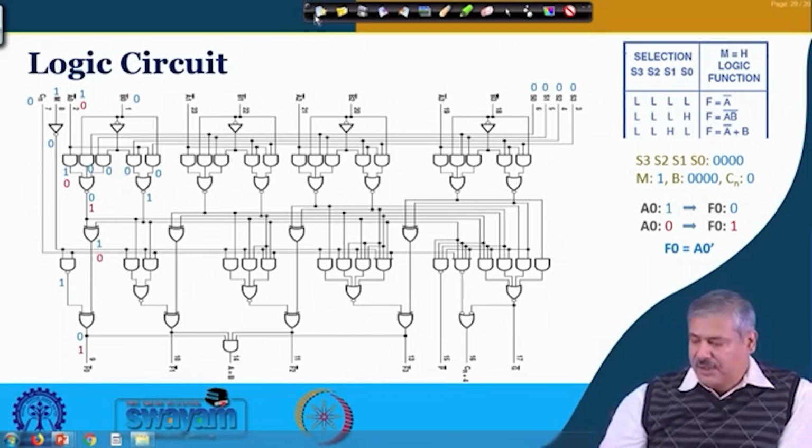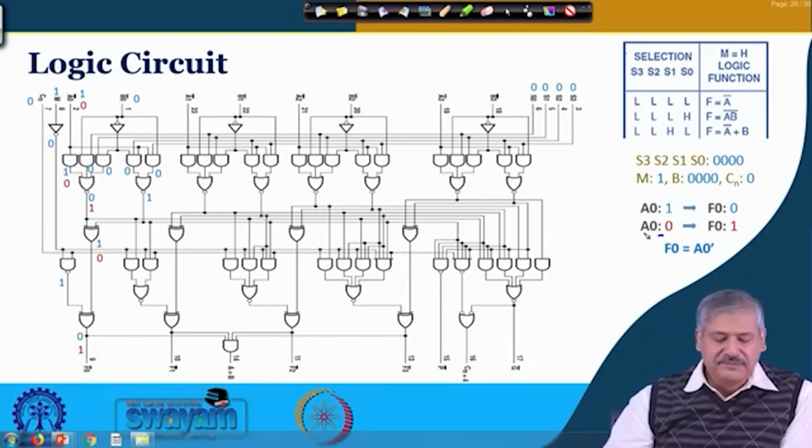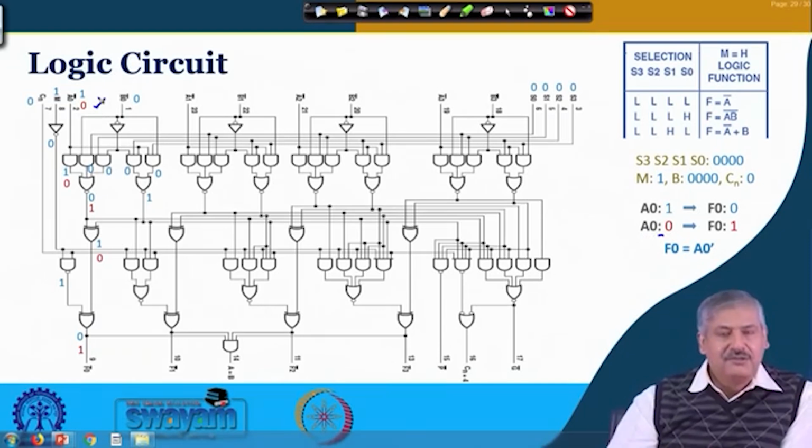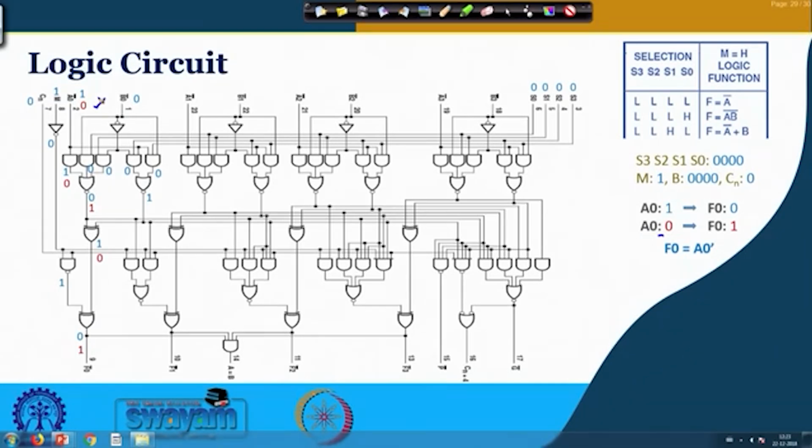Now, if A naught is made 0, what is changing, what is different here? So, A naught is 0 means this is becoming 0. So, for this NOR gate output, now all the inputs are 0. So, this output will now become 1. This NOR gate output is already 1 because these selection lines are 0, right.